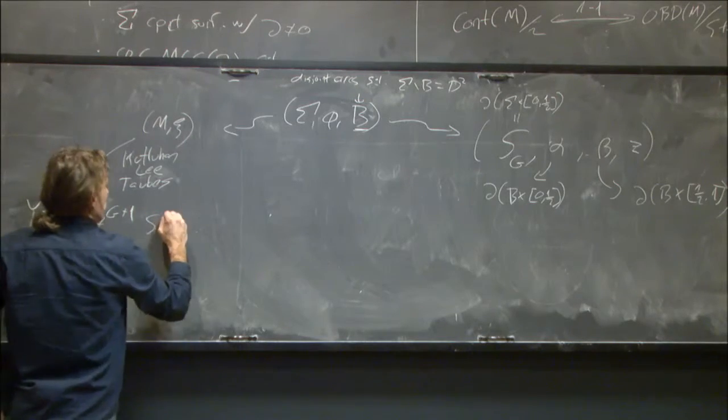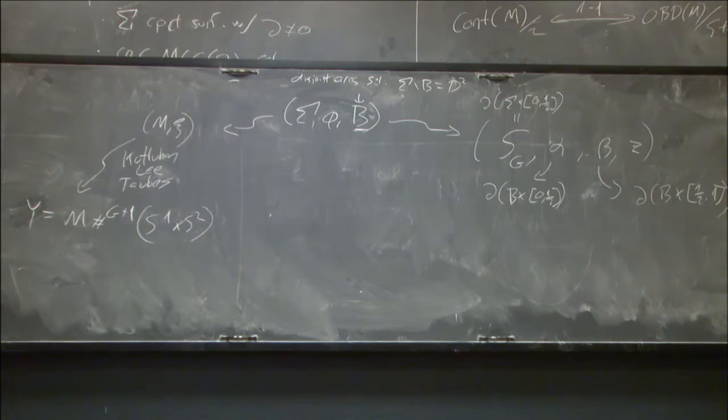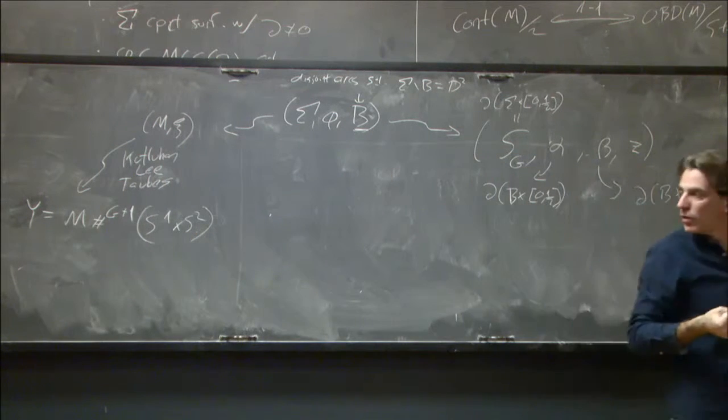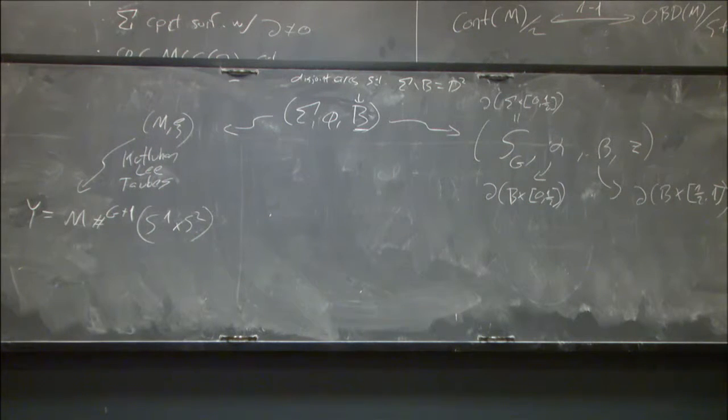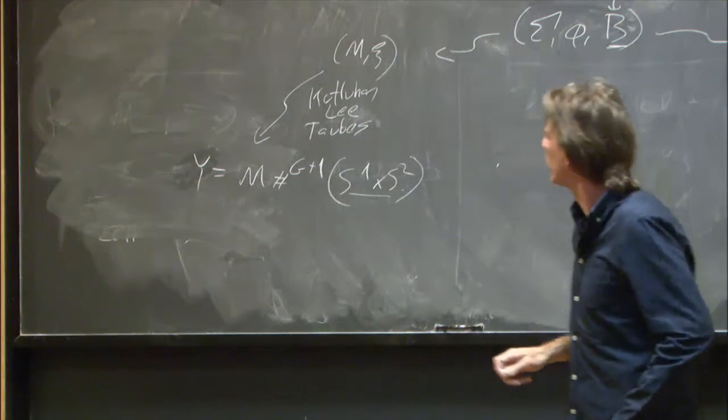In a way that's guided by this Morse function, you excise a little ball around each critical point, and then you tube these together with copies of the interval cross S2.